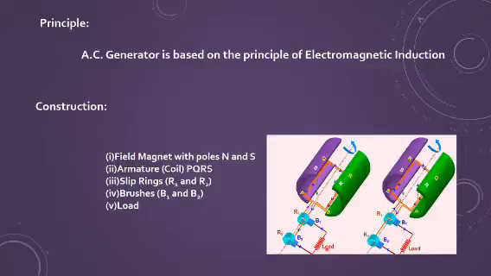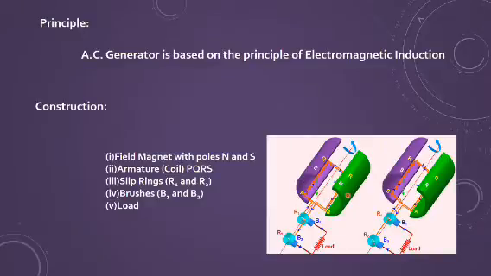So this is all about the various parts of the AC generator which is working on electromagnetic induction. And of course electromagnetic induction means I'm producing the induced EMF or induced current by rotating the coil in between the field magnets. Or of course I can keep this coil stationary and rotate the magnets.